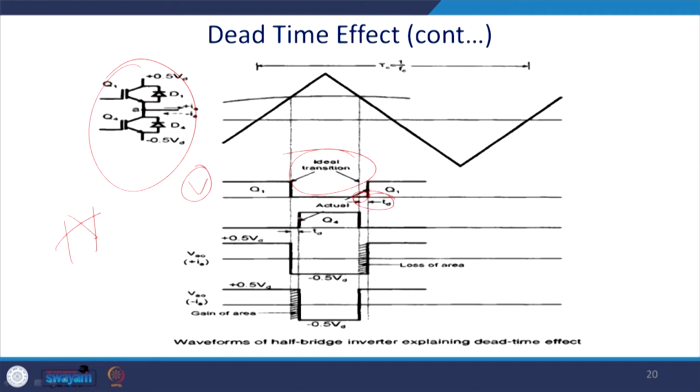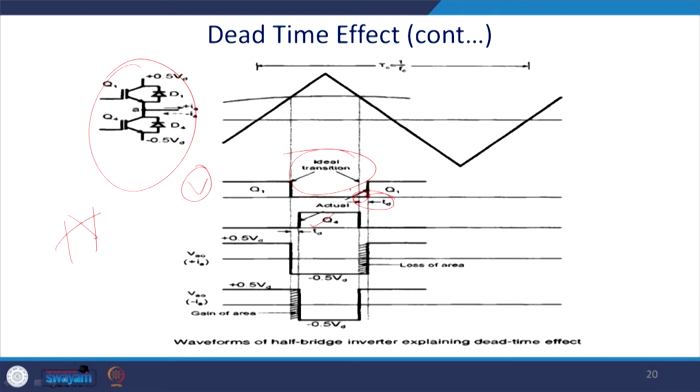Similarly, let us assume that your lower device is named Q4. It was conducting and it will get its forward blocking capability after the delay of the TD.